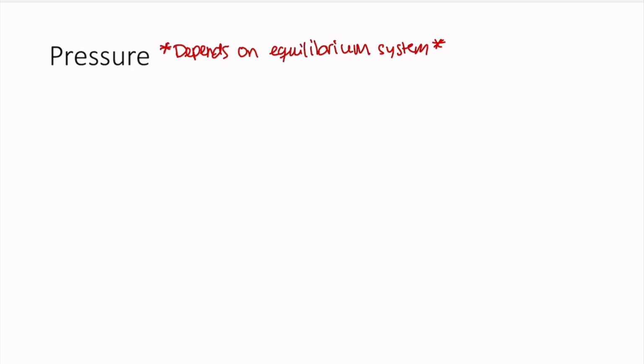So if we increase the pressure, really the only way to do that is by decreasing the volume. Remember, volume and pressure are indirectly affected when you're looking at gases. So if we decrease the pressure, the only way we can do that is by increasing the volume.